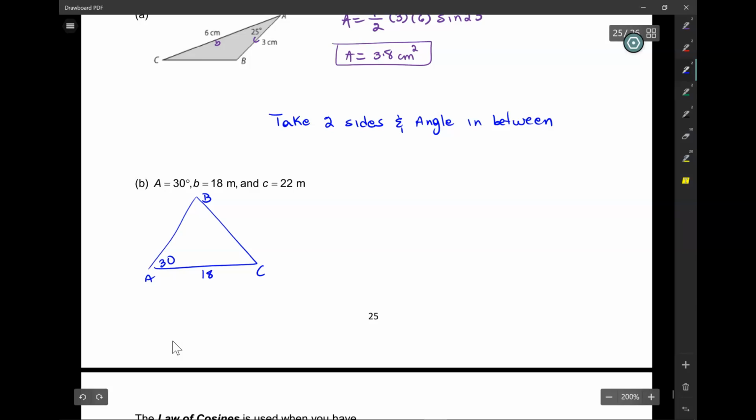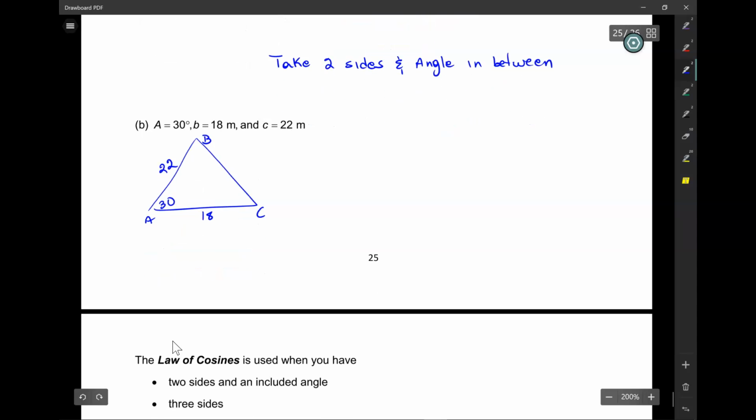B is 18. C is 22. Okay, we're going to do this without a calculator. Don't use calculators for this one. So area is going to be half, two sides, and the angle in the middle. So 22 times 18 times the sine of the angle in the middle.